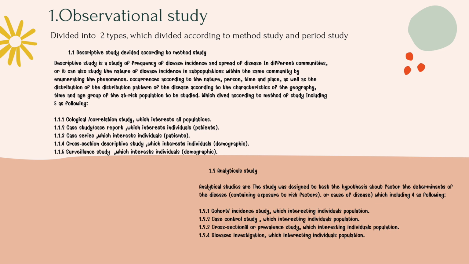Cohort or incidence study, which interests the individual population. 2. Case control study, which interests the individual population. 3. Cross-sectional or prevalence study, which interests the individual population. And 4. Disease investigation, which interests the individual population.